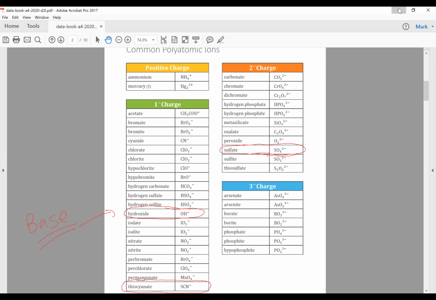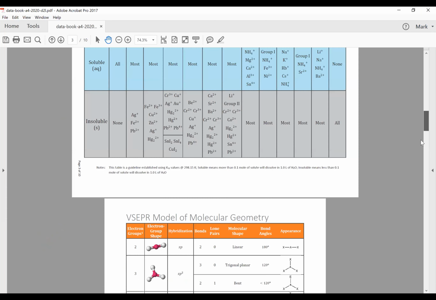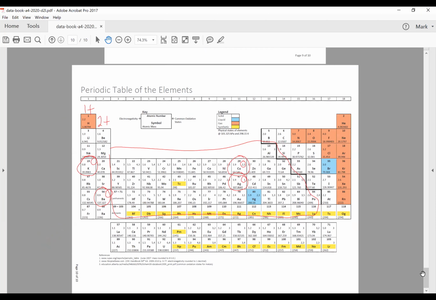Now, chloride is not in my list of polyatomic ions anywhere. Let me go back to my periodic table. I closed it, hold on. All right, sorry. So chloride is not here, so that must mean chloride is talking about chlorine.